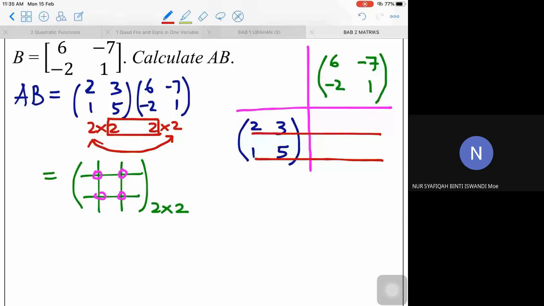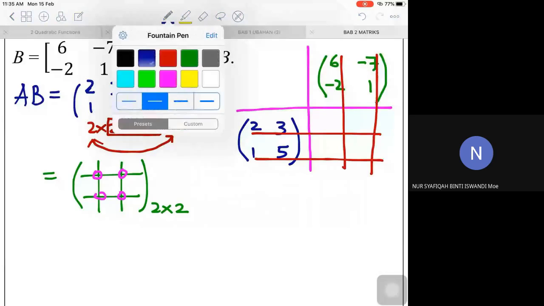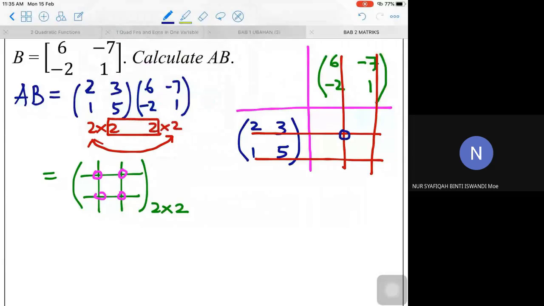And then for the second matrix, we do columns. Just now we said that the order is the number of rows from the first matrix and the number of columns from the second matrix. So the first matrix has 2 rows, and the second matrix has 2 columns. After that, we can draw circles at the intersections: 1, 2, 3, 4. 4 intersections, so our answer is 2 times 2, 2 rows, 2 columns.